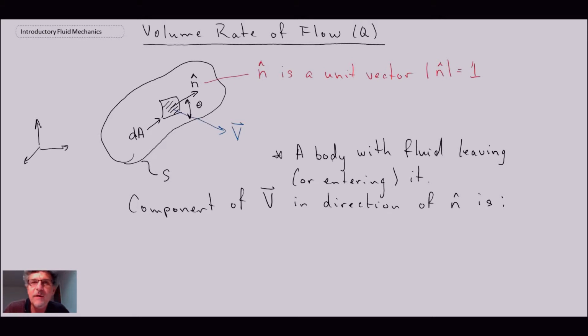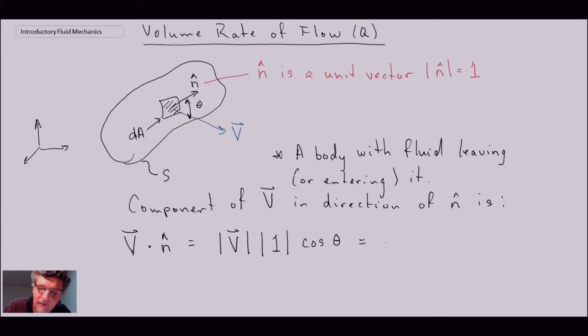So the way that we evaluate that, we use a mathematical operator that you've probably seen in your math courses, and that is the dot product. So we take the velocity vector v, dot it into the unit vector, and the definition of the dot product is the magnitude of v multiplied by the magnitude of the unit vector, which is 1, multiplied by cosine theta, the cos of the angle between the velocity and the unit vector.